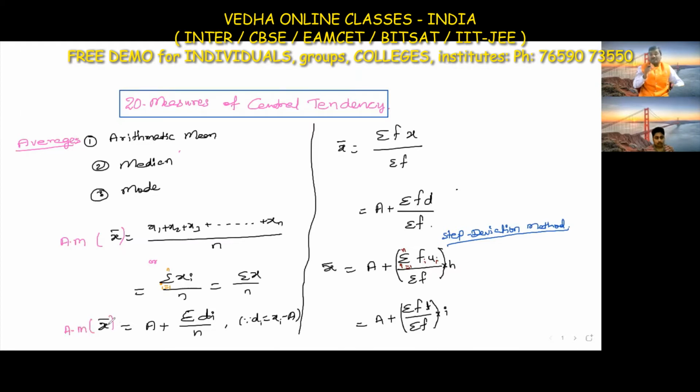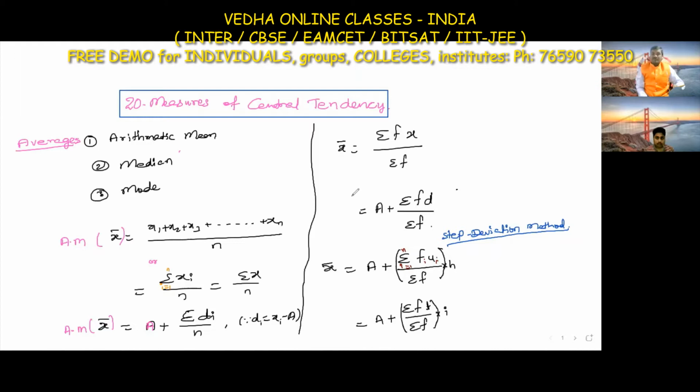In the middle of the values, we take some value as assumed mean, and we write that assumed mean value as a, plus sigma di divided by n. What is di? di is the difference between the original value and the assumed mean value, that is xi minus a.